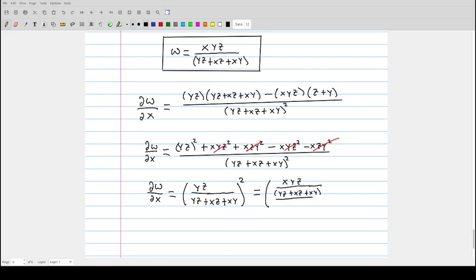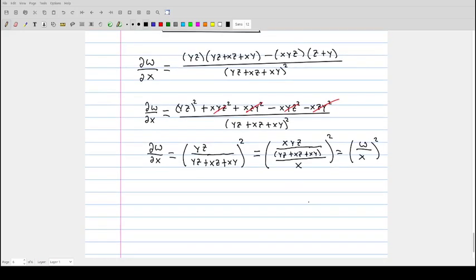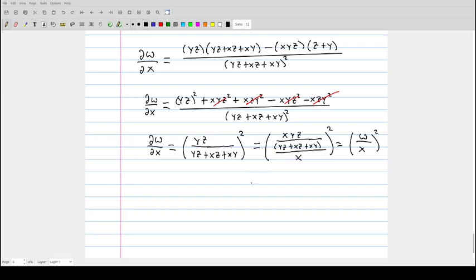This is just plugging in for w over x squared. And sure enough, the x's will cancel out and leave us with just yz over yz plus xz plus xy squared.